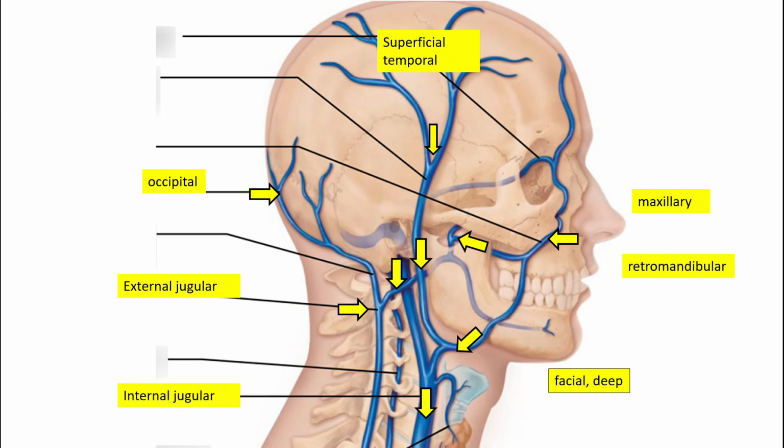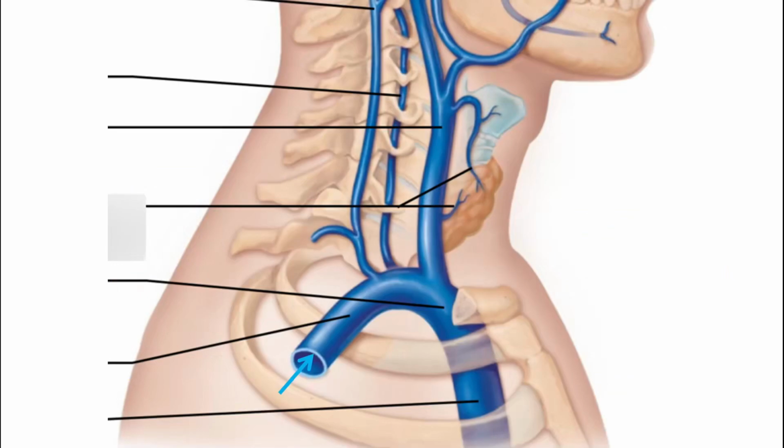The internal jugular vein is concerned with structures inside the skull, and it runs deep to the sternomastoid muscle, and it does not receive any branch from the scalp, face, or the neck.